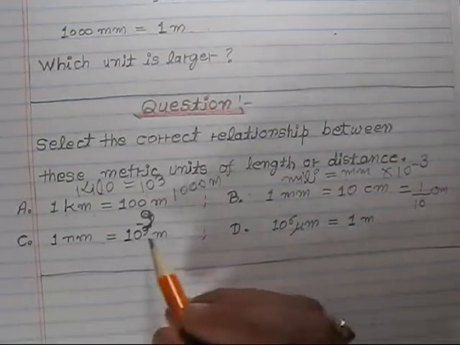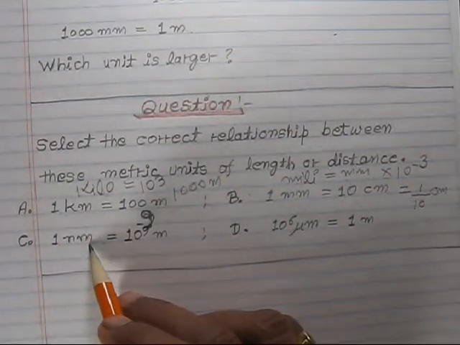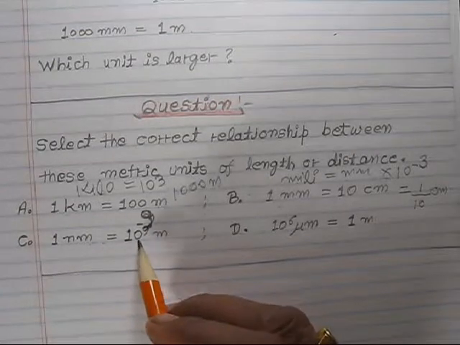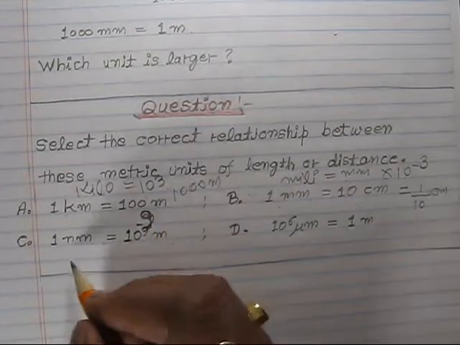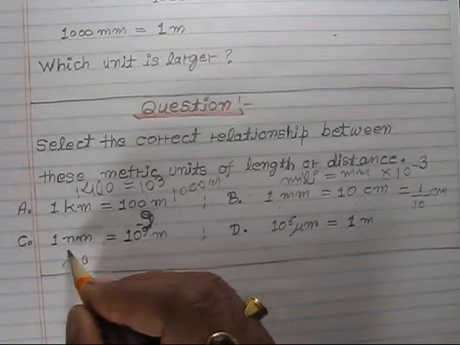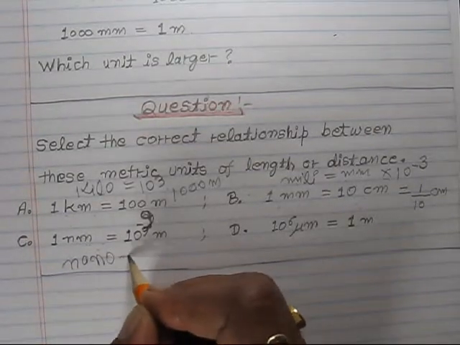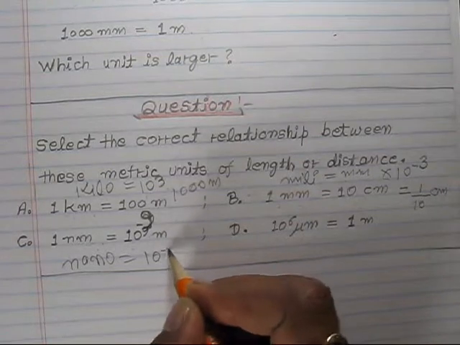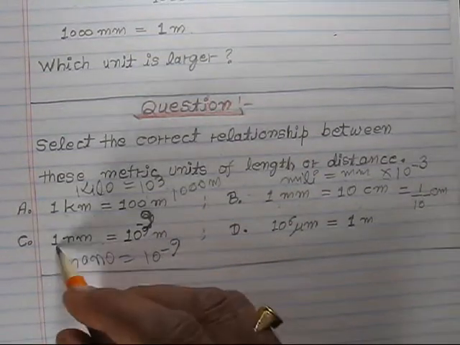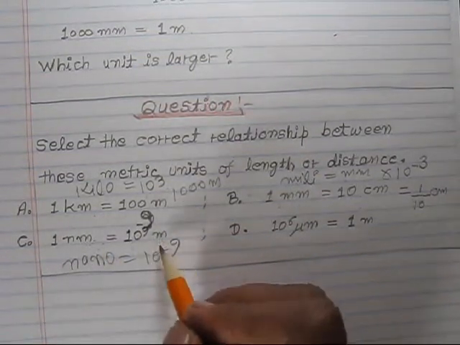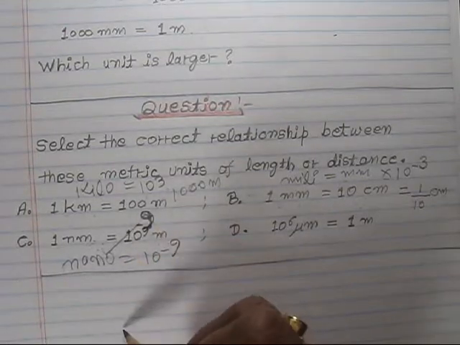And 1 nanometer is equal to 10 to the power minus 9. Nano is small n with m, and it means nano. So nano is always 10 to the power minus 9. So 1 nanometer is equal to 10 to the power minus 9 meter. This is the correct one.